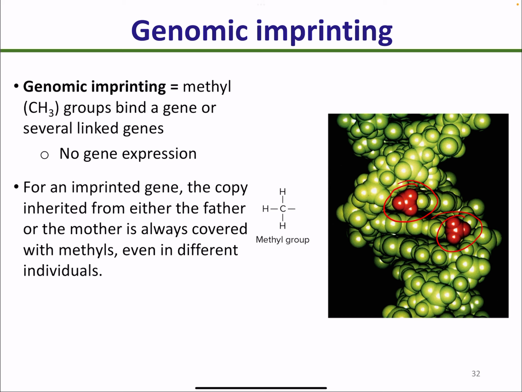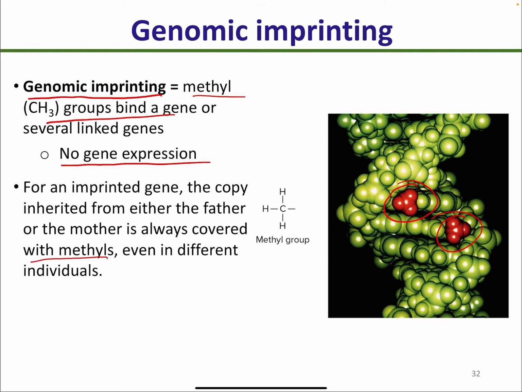So genomic imprinting can be caused by methyl group addition on a gene, which is going to cause a gene to not be expressed. Now, for an imprinted gene, the copy inherited from either the father or the mother is always covered with methyls, even in different individuals.